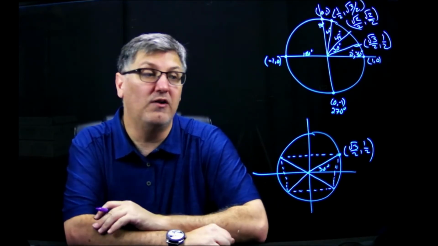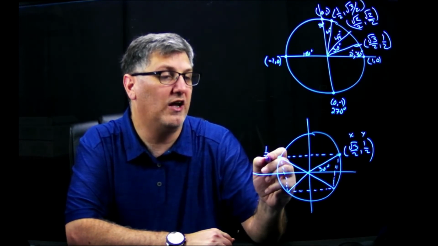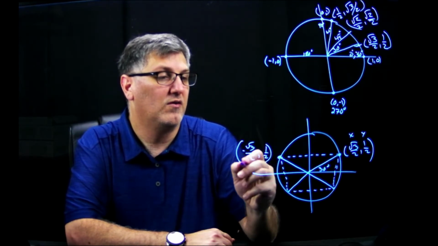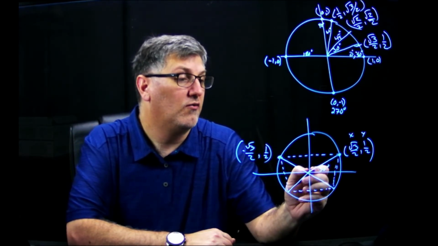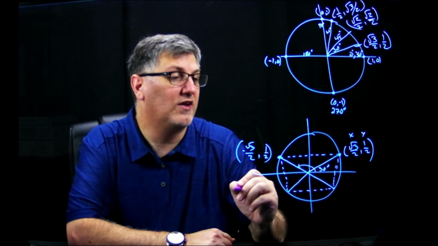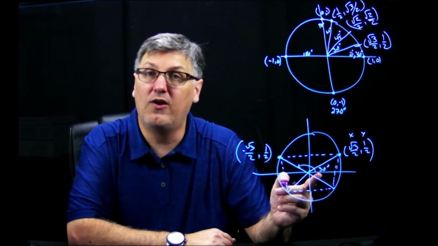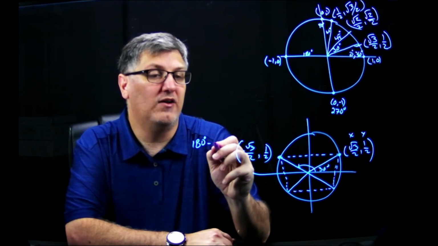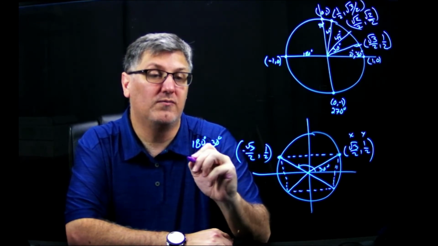Okay, so in the previous video, we were working on this with symmetry. Well, if this is my x and this is my y, I'm going to come over here and say, on this point, my y value didn't change, but my x value is negative. Now also, to find this angle, we said that we would do 180 degrees minus 30 degrees.